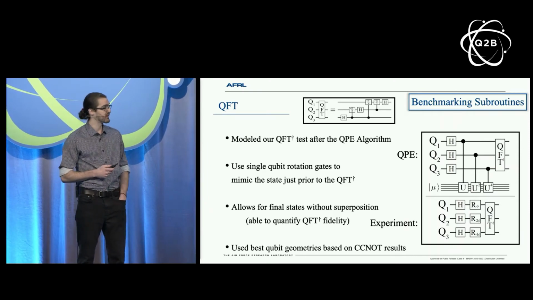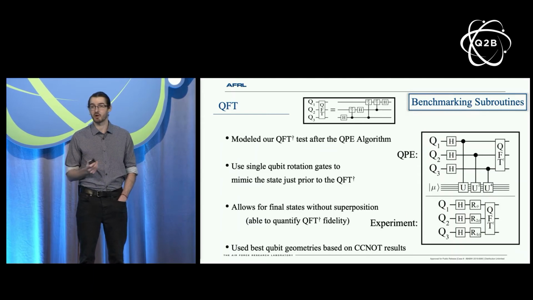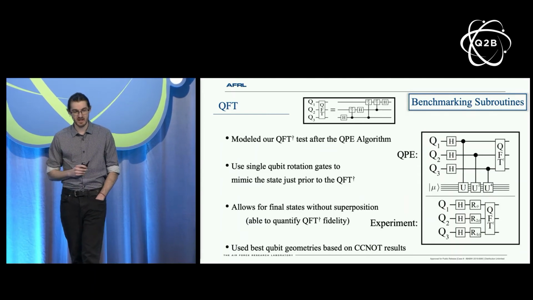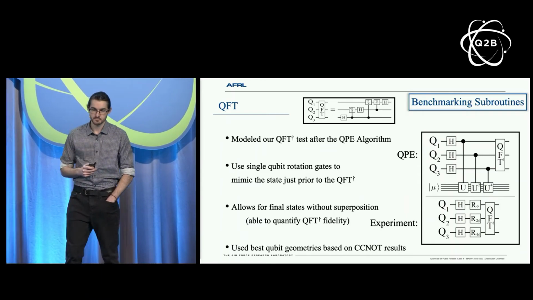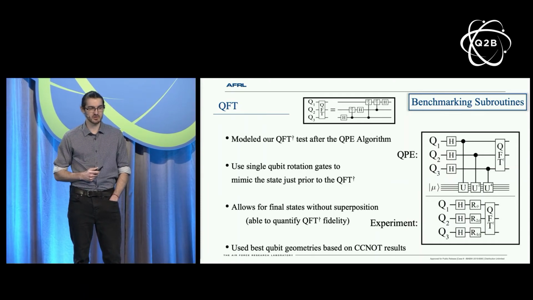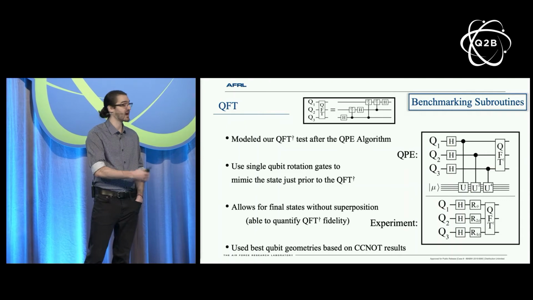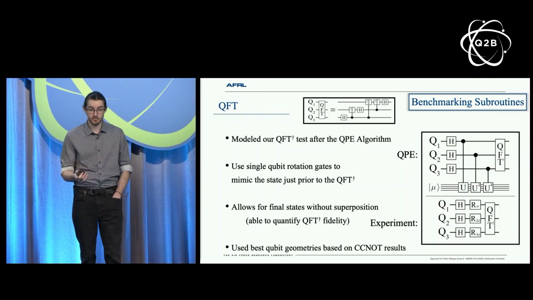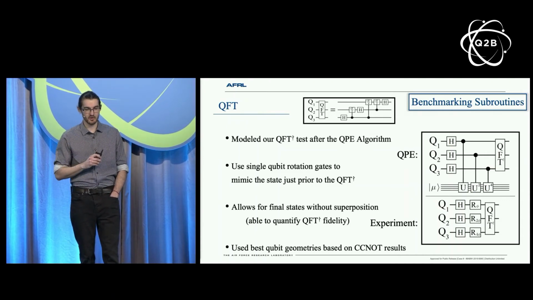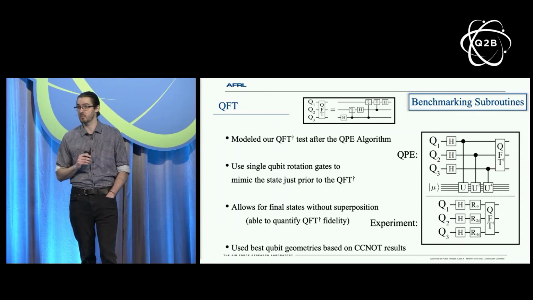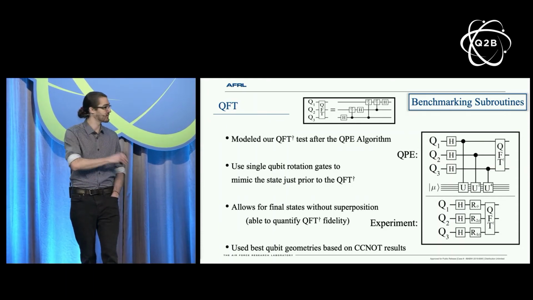And we decided to pick phase estimation as our base model. So phase estimation is a very promising algorithm. It essentially has the promise of being able to detect an eigenvalue of some matrix U.